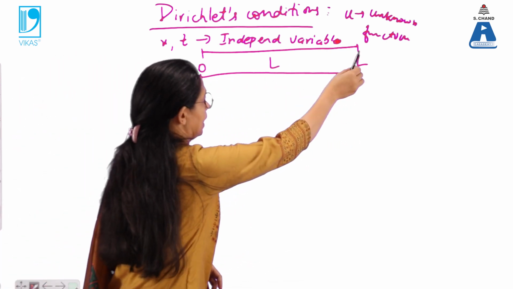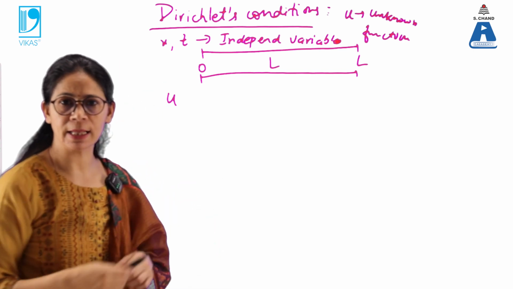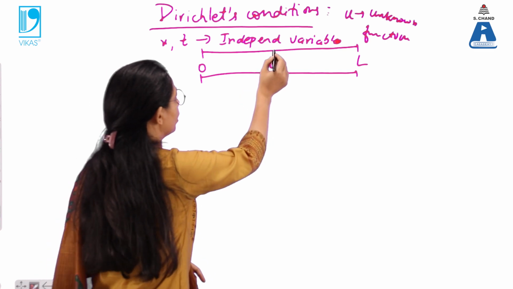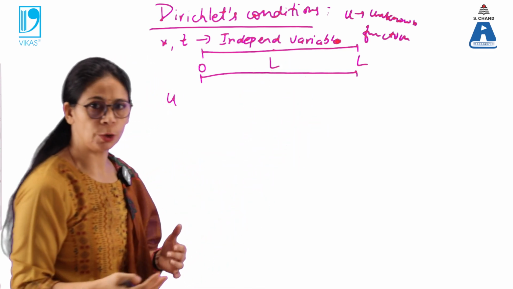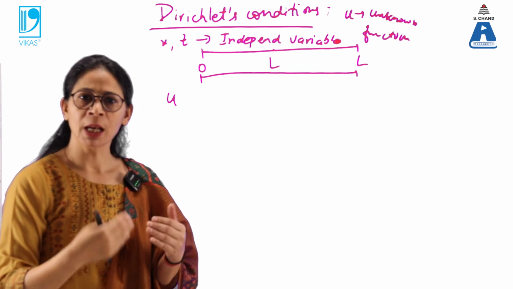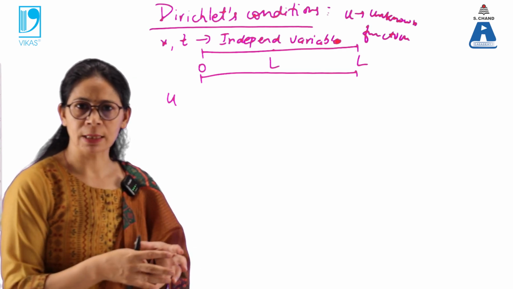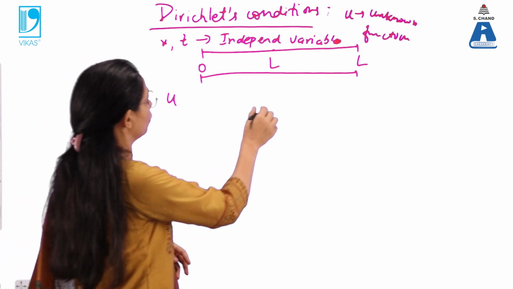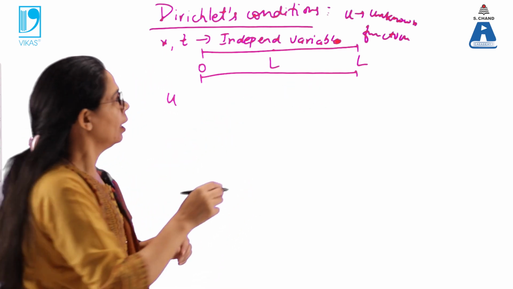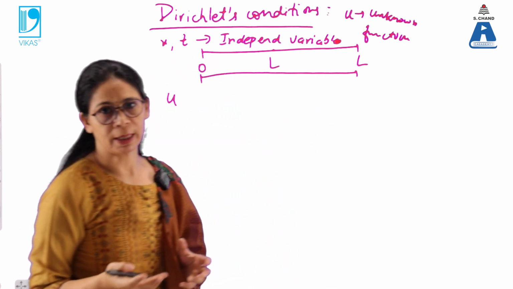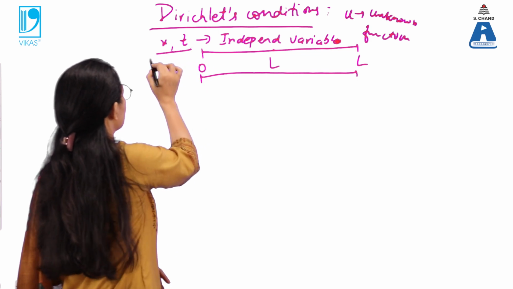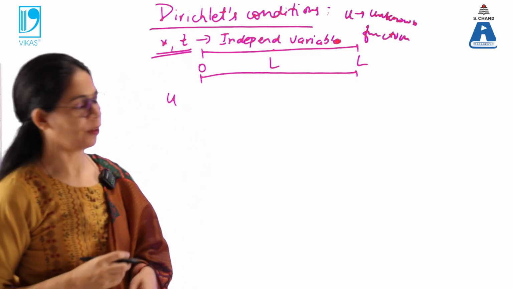One is in this x direction, in which this length is there. Another variable is time. Suppose at time t equal to 2 minutes, or whatever is the unit of time for that particular question, we need to find the wave in the string generated at t equals 2 minutes. Then we need two independent variables to express this unknown function.